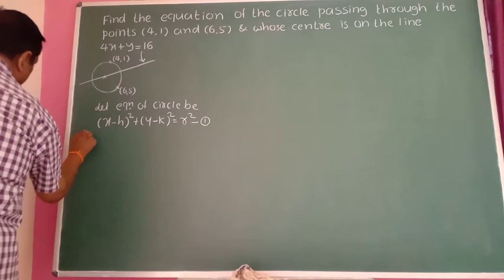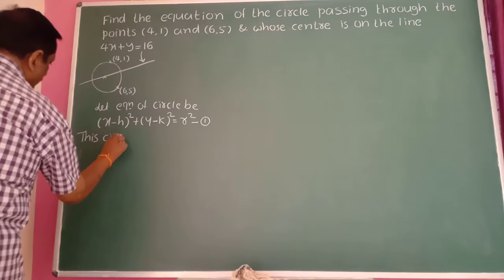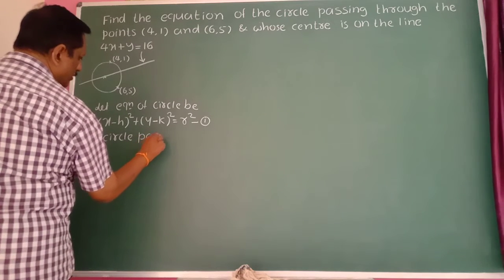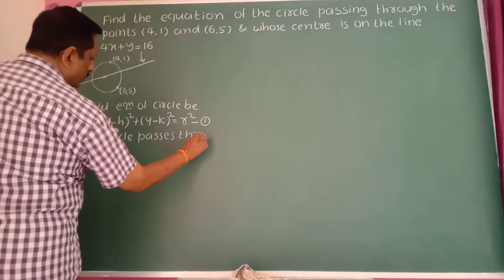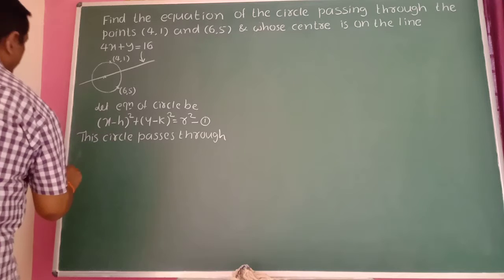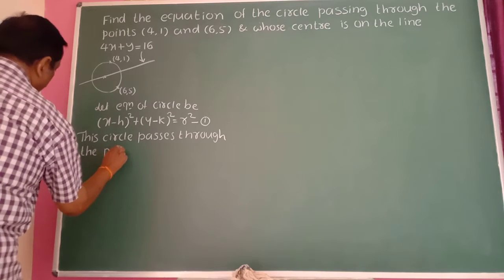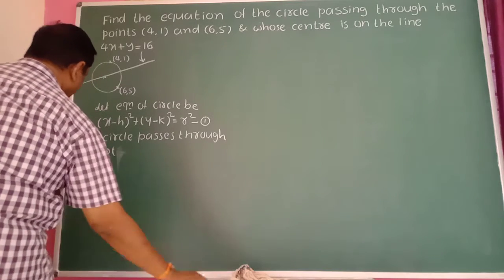This circle passes through the point (4, 1).